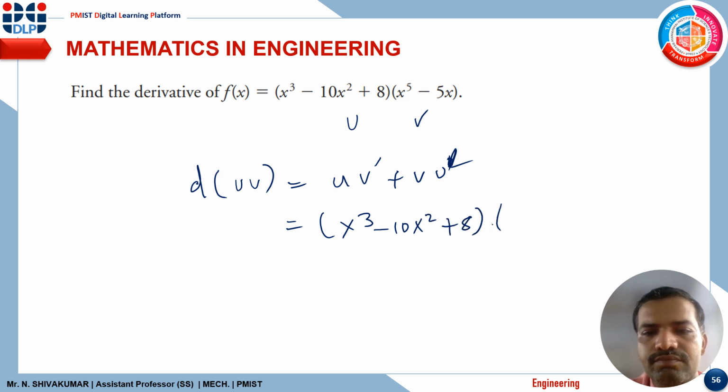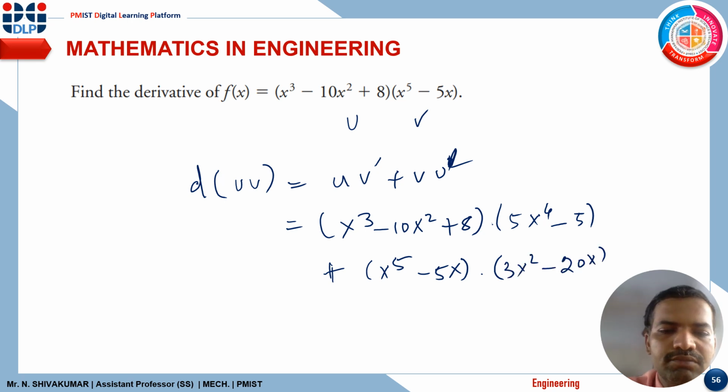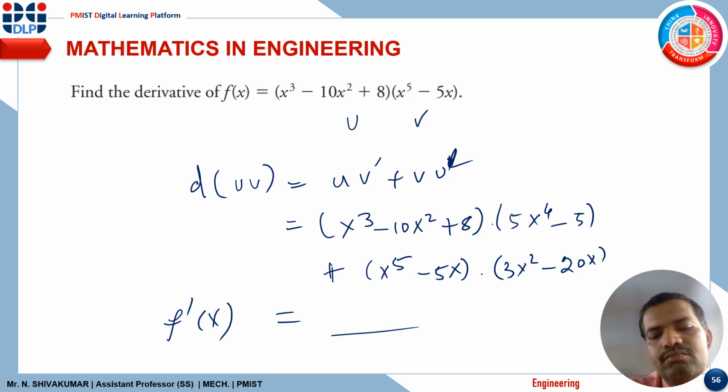What is V dash now? 5x power 4 minus 5, plus V. What is V? x power 5 minus 5x, into U dash. What is U dash now? 3x square minus 20x. You just simply multiply and add. So that is f dash of x. Okay, I am leaving it to you.